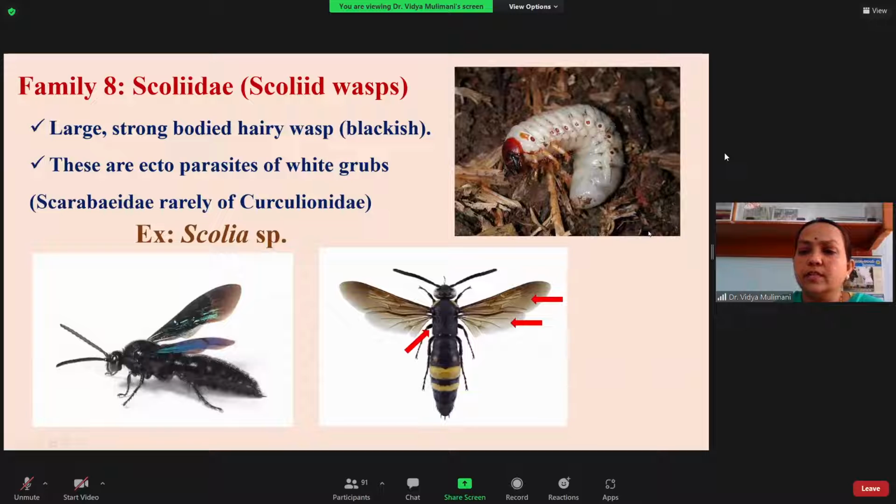Here you can see this is a Scarabaeidae. You have learned about the C-shaped larvae, which stay in the soil and feed on the roots of plants. So they mainly attack this root grub larva. An example you have is the Scolia species, which is an ectoparasite on the larvae of the root grub.